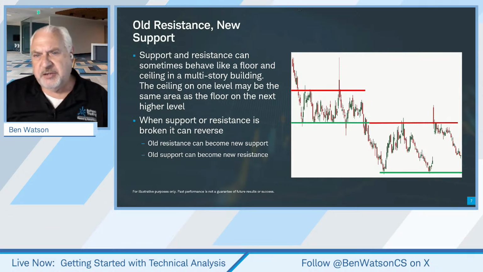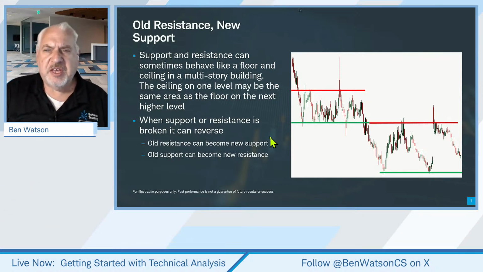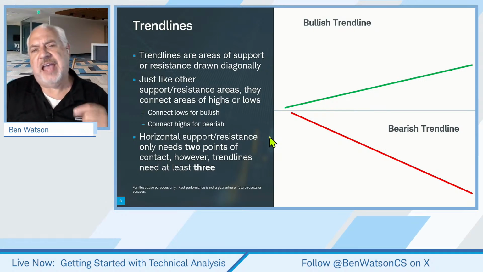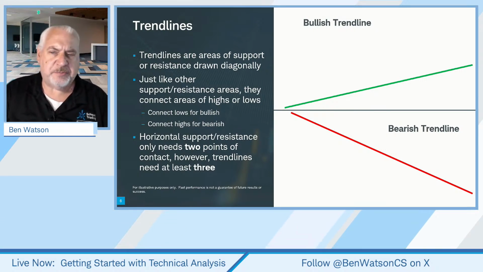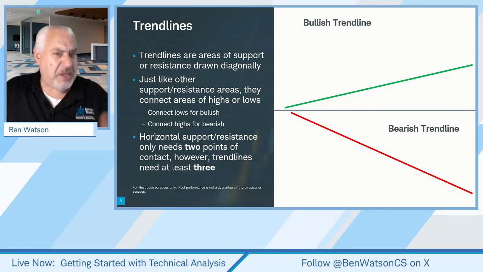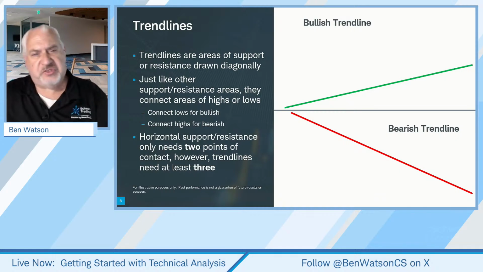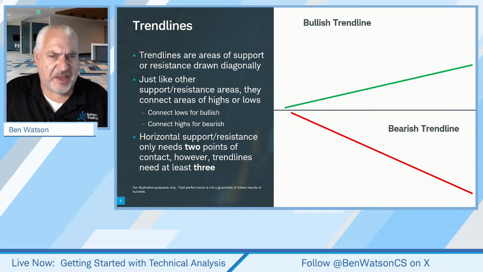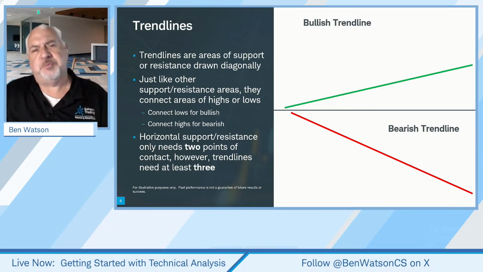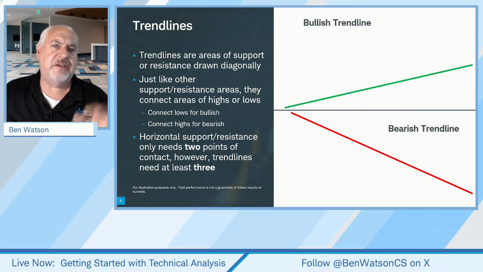But here's the cool thing about support and resistance. They can act as decision-making points. So start thinking about it in that context. If price breaks through a resistance level, then enter the trade is an example of that. Or if price breaks down through a level of support, then exit the trade.